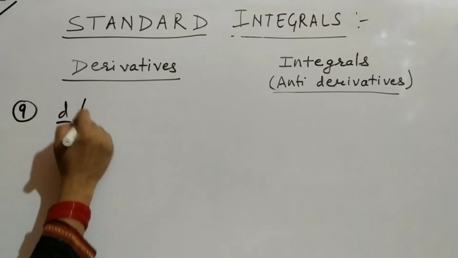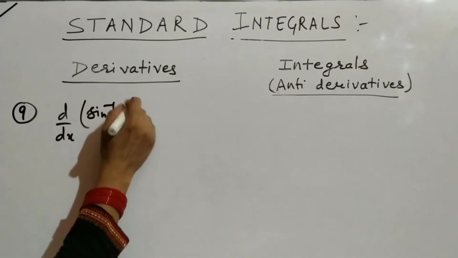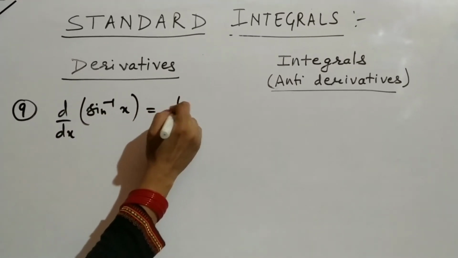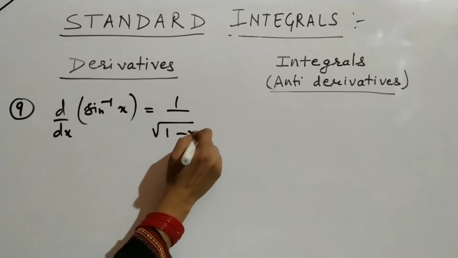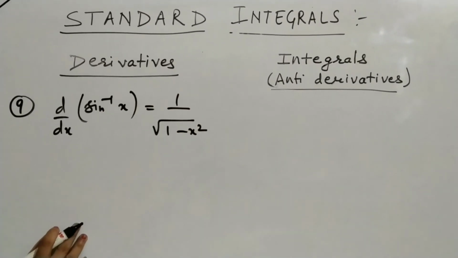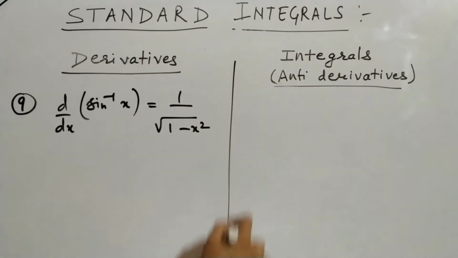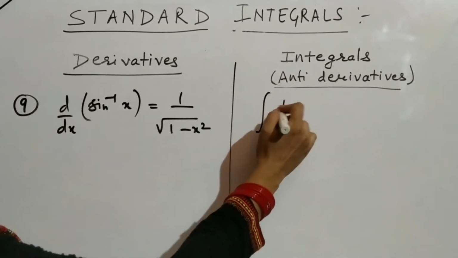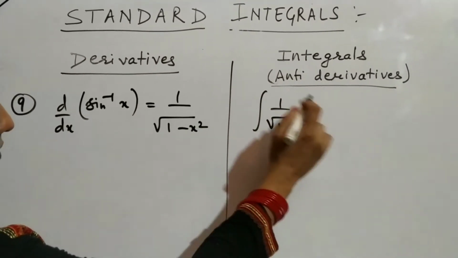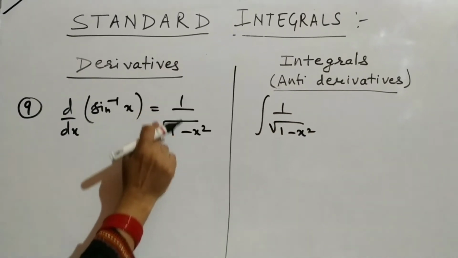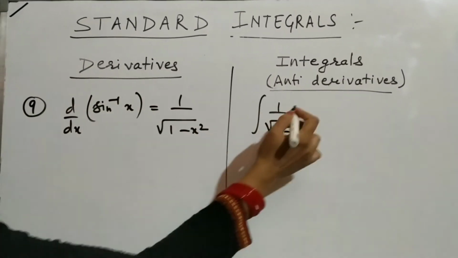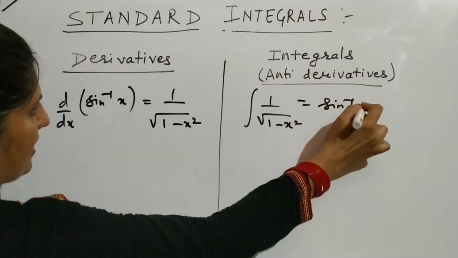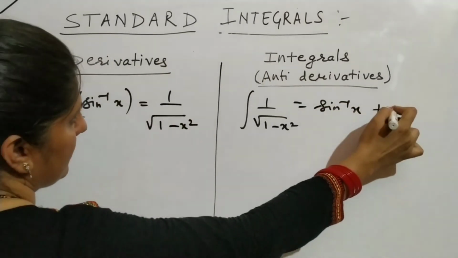Derivative of sin inverse x with respect to x is equal to 1 upon under root 1 minus x square. That implies the integral of 1 upon under root 1 minus x square is equal to sin inverse x plus c.